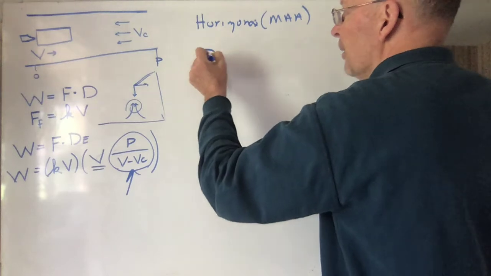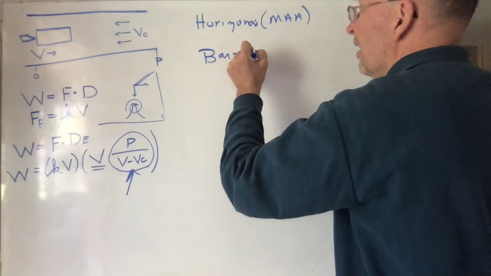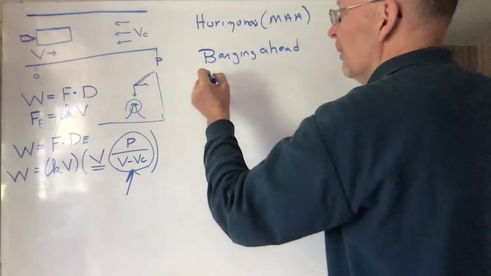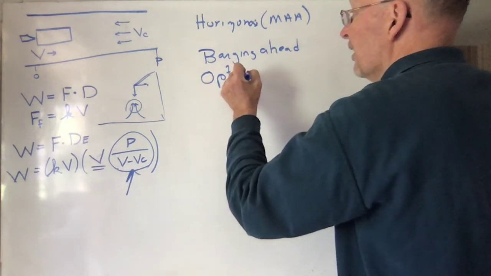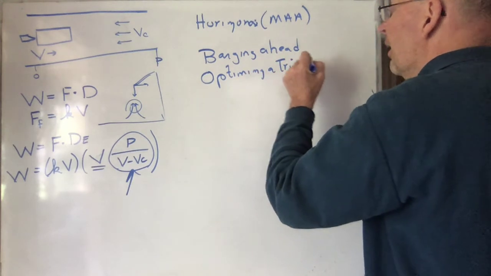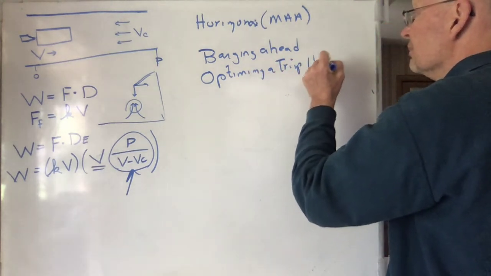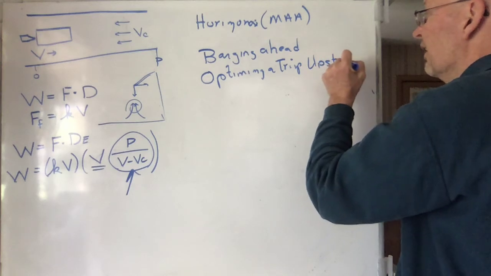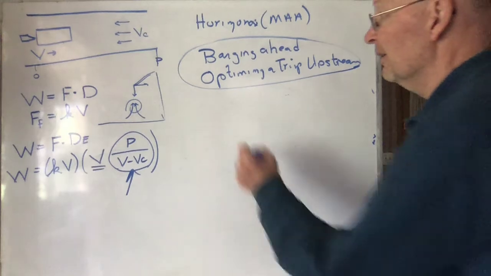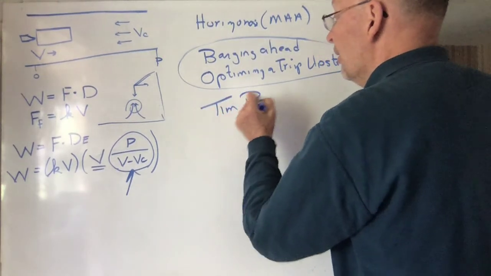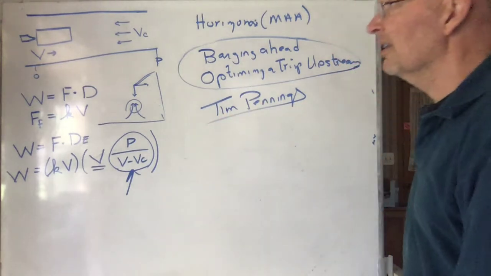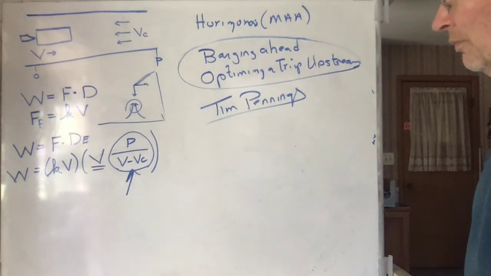I think it's called Barging Ahead, optimizing a trip upstream, or upriver, something like that. Check it out, you should be able to find it, and it has my name on it, Tim Pennings. And anyway, it's kind of a nice problem.